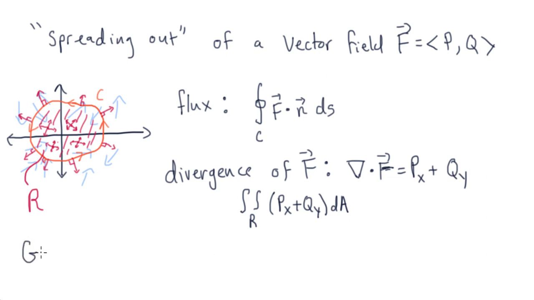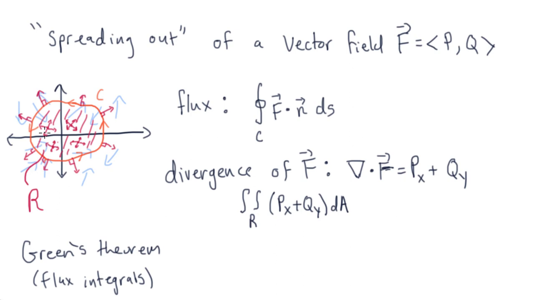So the second version of Green's theorem, which is Green's theorem for flux integrals, says that, again, it's relating something going on in the interior of the region.